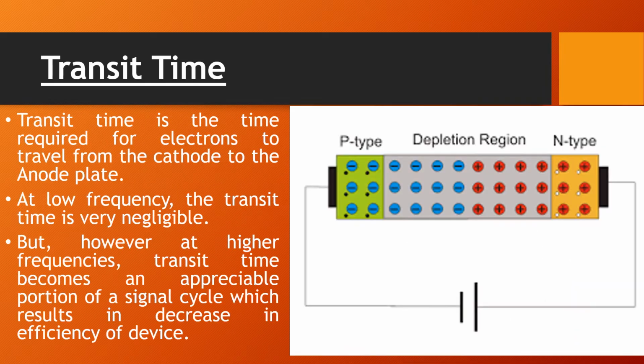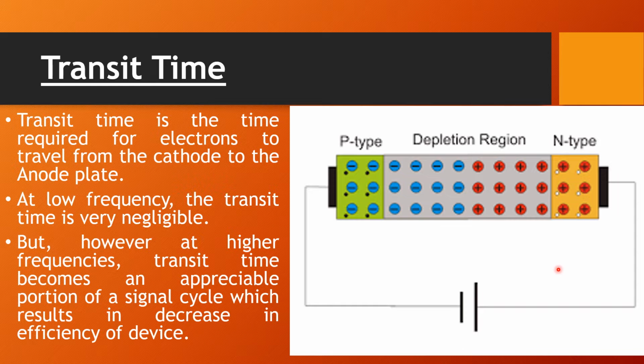Transit time is the time taken by the electron to reach from the cathode to the anode. Let's suppose we are taking the example of a diode here. Here it is the N region, the cathode, and here it is the P region, the anode. For example, a positive cycle is coming.